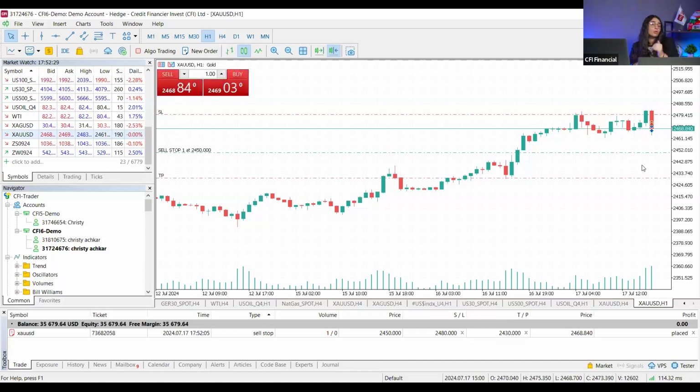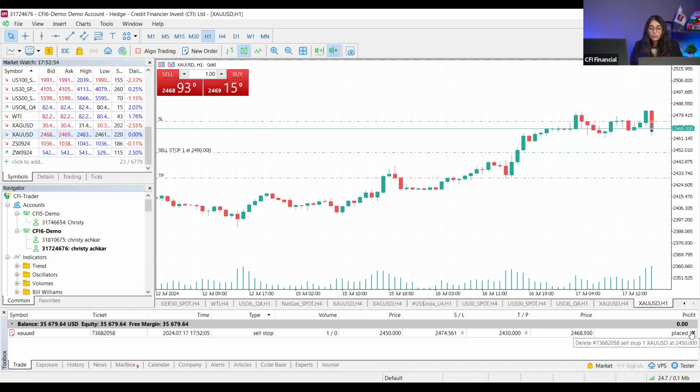If the price goes down and hits my take profit level, I would be closing at a profit of $2,000. If it hits my stop loss level, I would be closing at approximately a $3,000 loss. So here my risk to reward ratio is a bit off, so I need to fix it. To fix it, I can just drag it down. This is how you place a pending order.